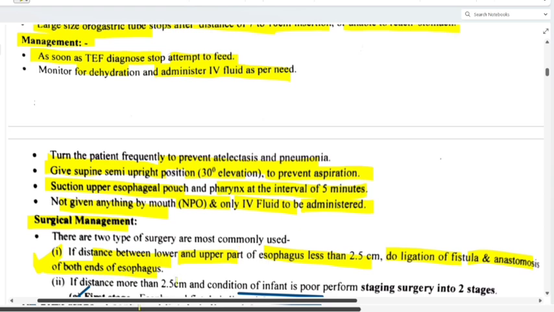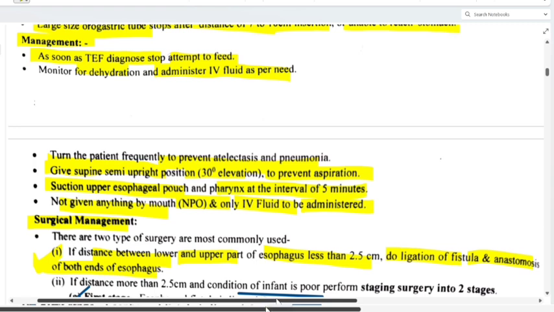Okay. Surgical management also we have seen. So hope it is clear. If it is less than 2.5 centimeter, we are doing it in one stage. But if it is more than 2.5 centimeter, then surgery is to be done in 2 stages.